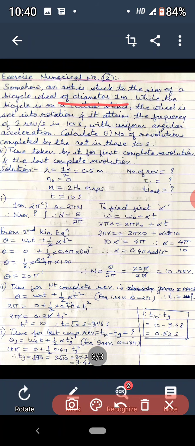So the diameter of that bicycle wheel is given. From that diameter we can find the radius as 1 upon 2, which equals 0.5 meter. So initially the radius of that wheel is given as 0.5 meter. Then next, while the bicycle is on the central stand, the wheel is set into rotation.